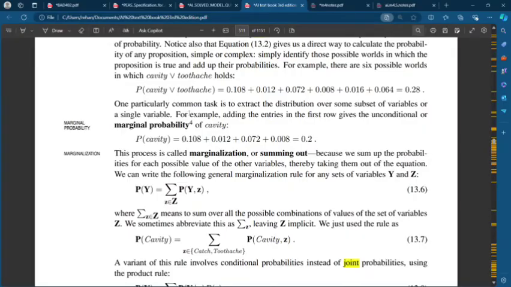Adding the entries in the first row gives the unconditional or marginal probability of cavity. Adding the entries of the second row gives the unconditional probability of not cavity. Calculating the marginal probability is nothing but marginalization.